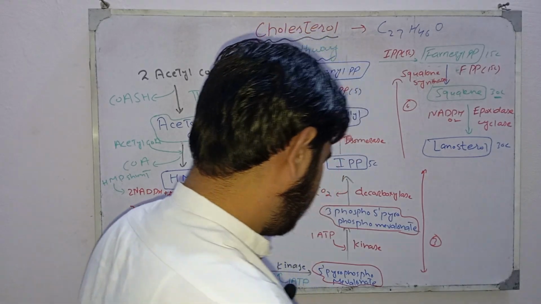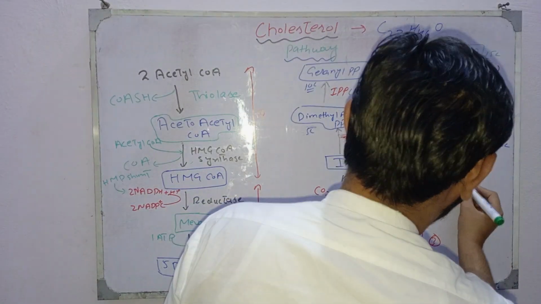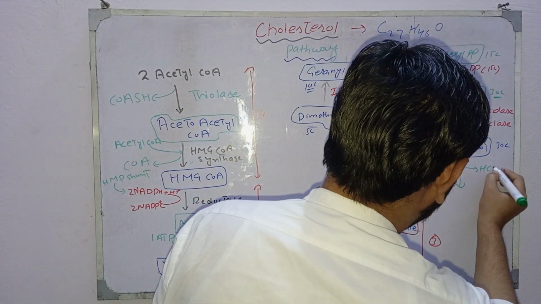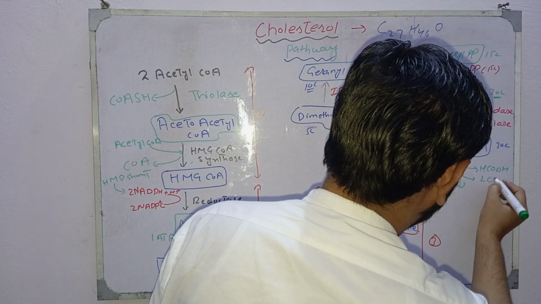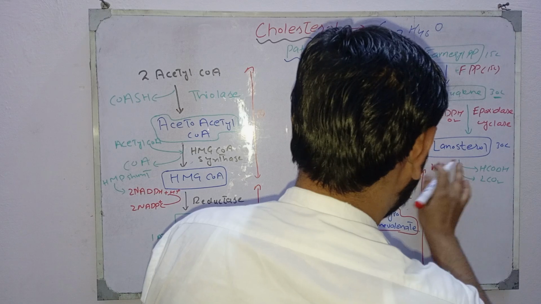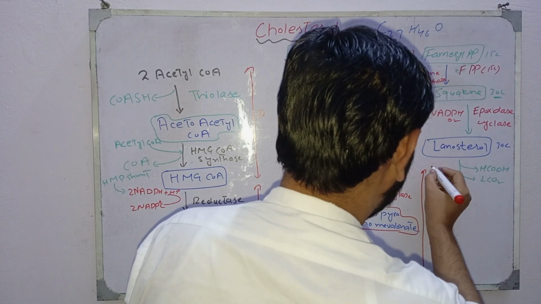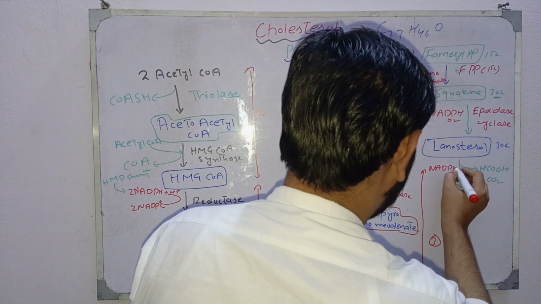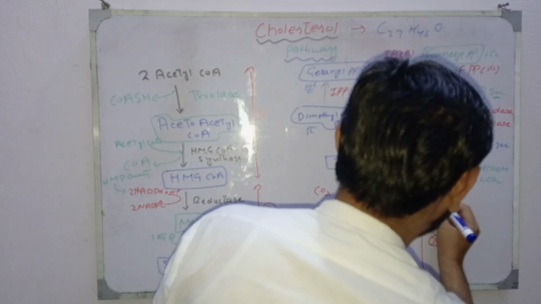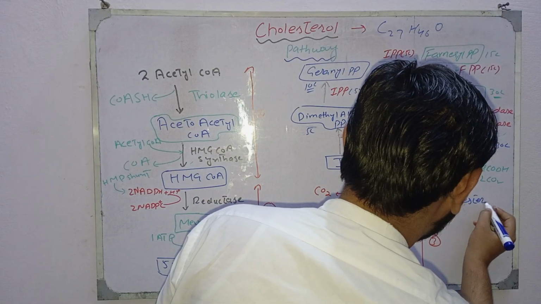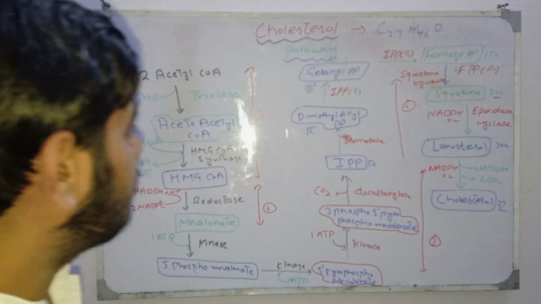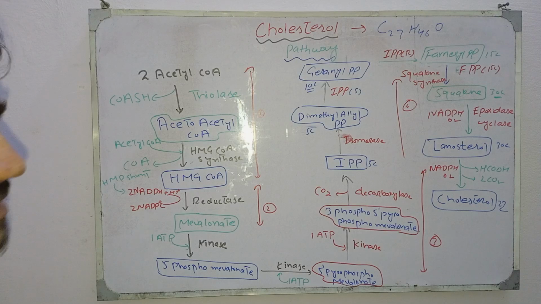In next reaction, there is a release of methyl group and two molecules of carbon dioxide, and this reaction also requires NADPH and oxygen, and it converts ultimately into cholesterol, a 27 carbon compound. In this way, cholesterol gets synthesized.